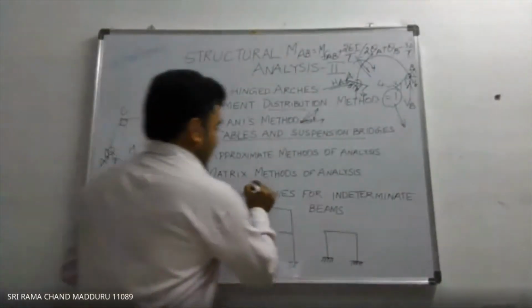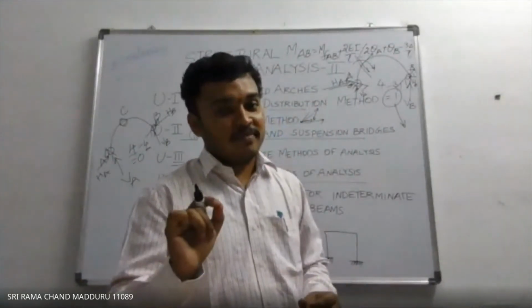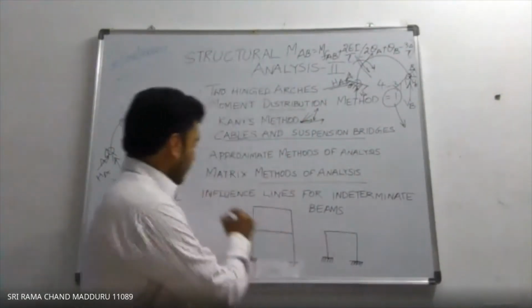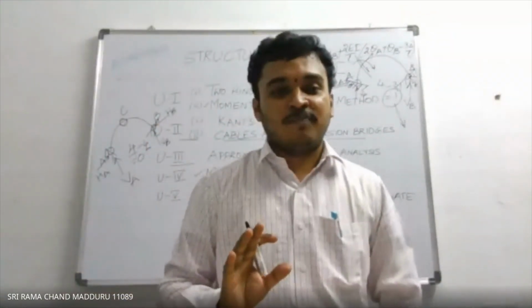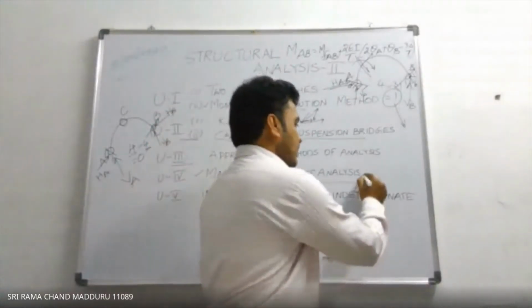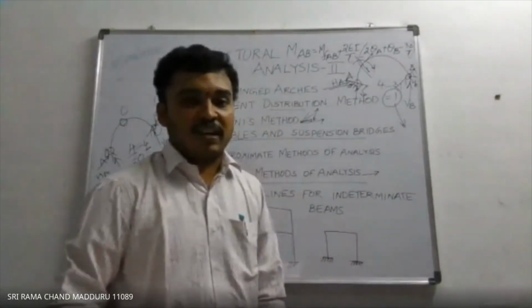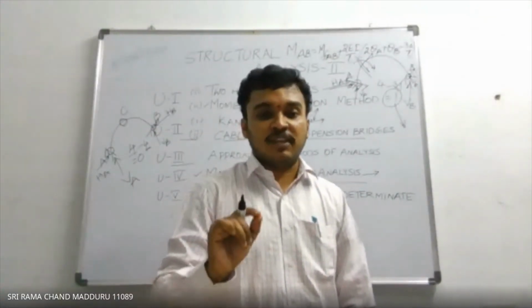Matrix methods of analysis is quite an interesting chapter. If you know this chapter very well, then you will be perfect in your structural analysis. These matrix methods are nothing but two methods: one is the stiffness method, another one is the flexibility method.